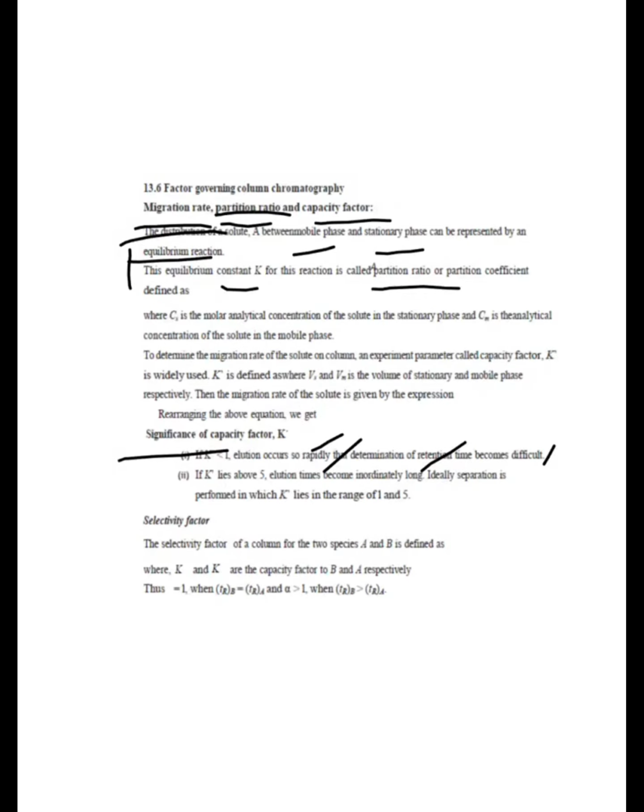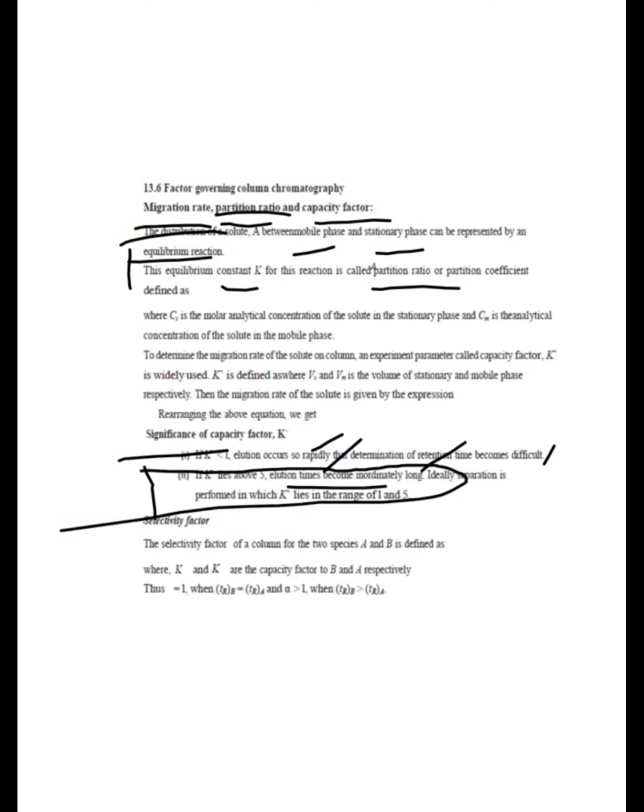If K lies between 1 and 5, the elution time becomes inordinately long, which means it takes more time for the sample to elute. So when K lies in the range of 1 to 5, the retention in the stationary phase is longer.